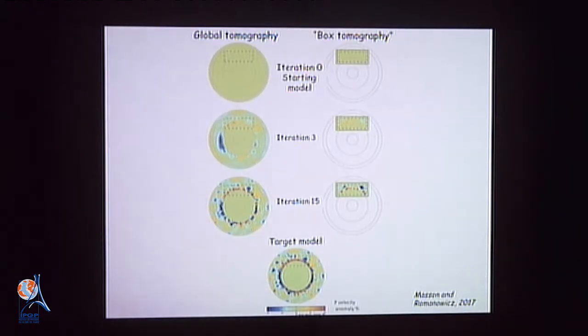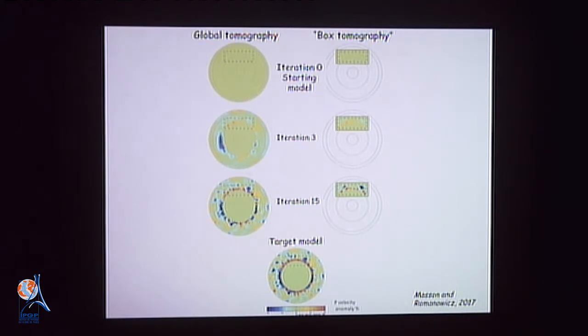Just wanted to show a test that was done by Ider Masson here at IPG, who is a postdoc in my group, where he compares, this is a fluid two-dimensional Earth, but a test where he has a target model with some lateral heterogeneities, and he compares the inversion. He has stations and sources all around the Earth, and compares the results of the inversion when you do the global inversion, and one where you limit the inversion to the box.